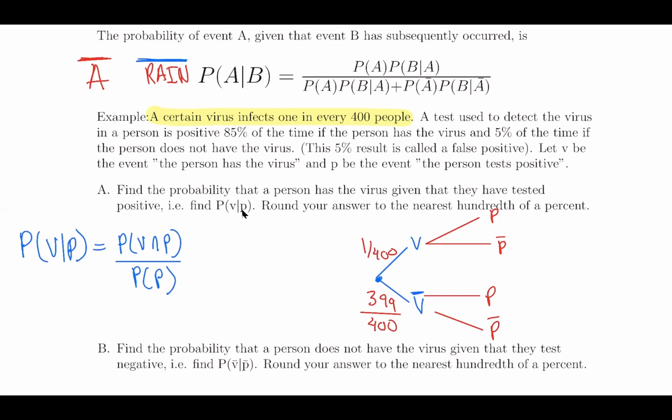Okay. So up next, we're going to try to find this probability over here. To find that probability, you have to pay attention to the branch. For this branch, we already know these people have the virus. So I want to find out, of the people who have the virus, how many of them will test positive?